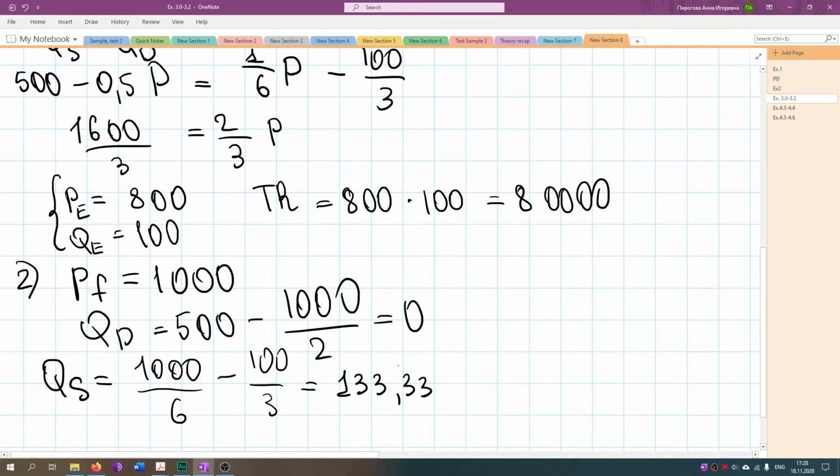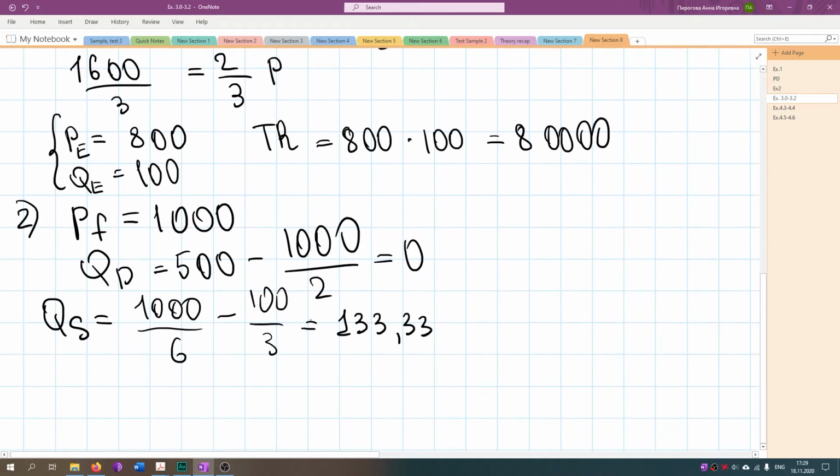So we see that nobody buys any units, and suppliers produce more than 100 units, and so quantity sold to buyers is equal to 0.